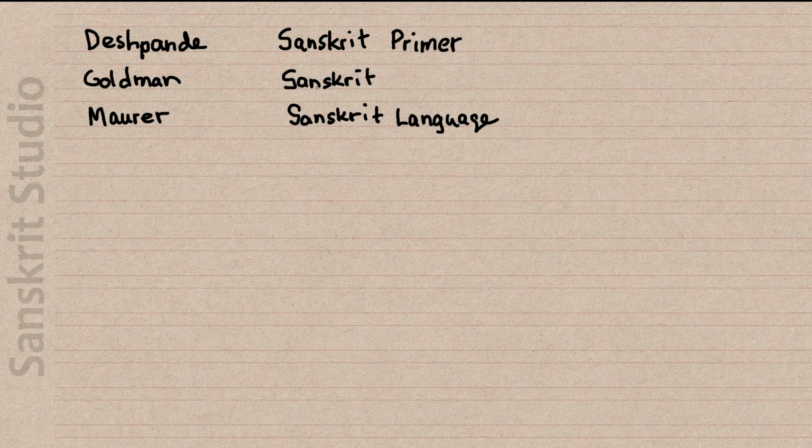The Goldman volume I would say is more like a reference book, because of the language he's using in that book, the English language, when describing all the grammar, and how he's integrating Devanagari.